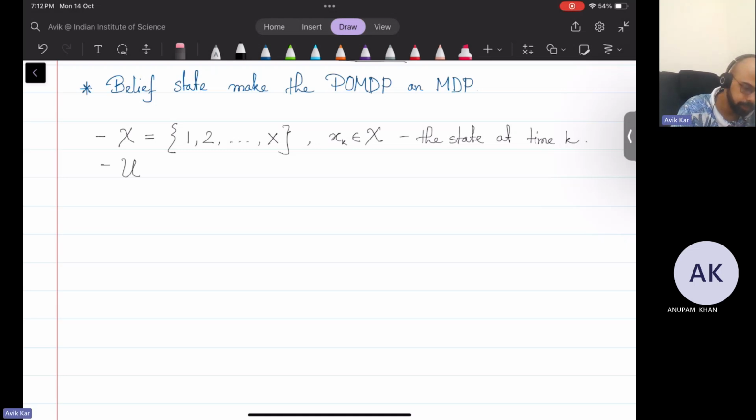And there is an action space U, or let me just change it to A. Here also we are considering a finite number of actions. And similarly, a_k belongs to the set A, the action at time k.